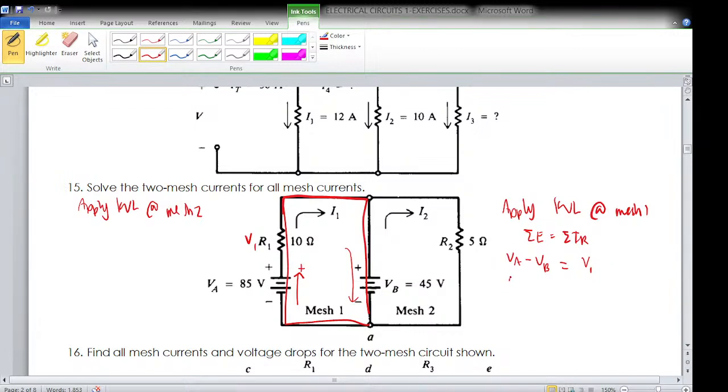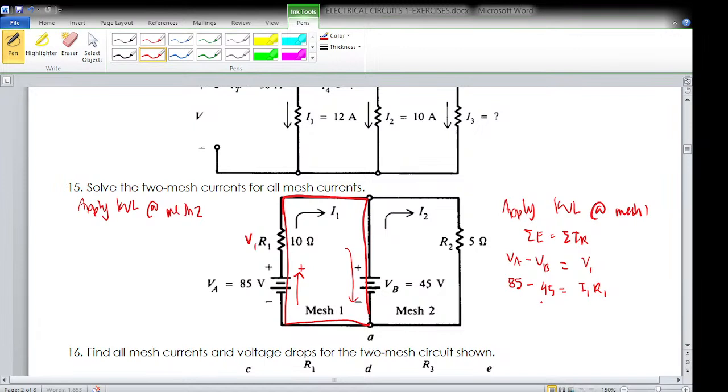Now, let's substitute. V sub A is 85, and V sub B is 45. How are you going to solve for V sub 1, or the voltage drop at R sub 1? I sub 1 times R sub 1, ma'am. Okay.